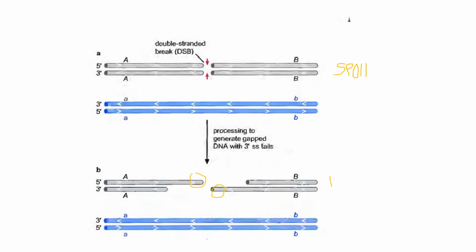And this is done by MRX, which is a multi-subunit nuclease having 3 proteins. Then the strand invasion protein is loaded onto these single-stranded DNA tails, and the protein that loads it is RAD52.